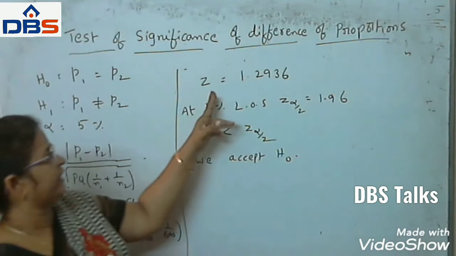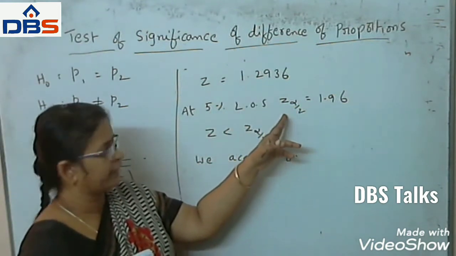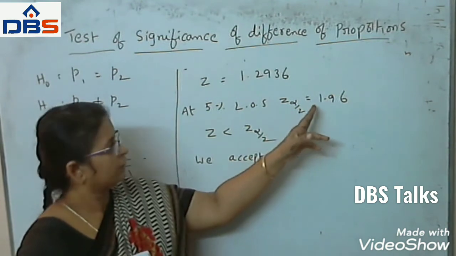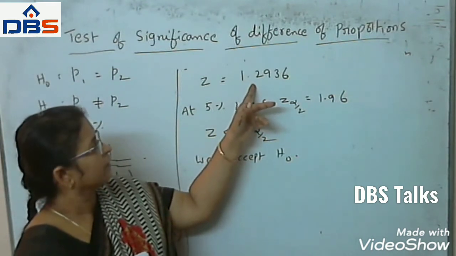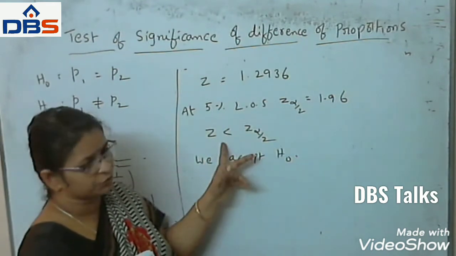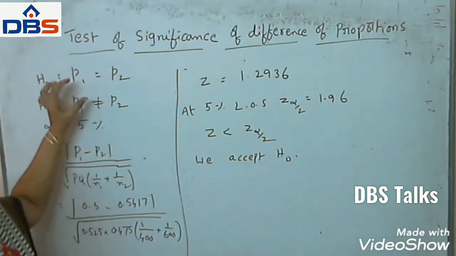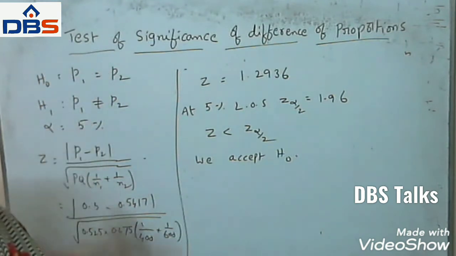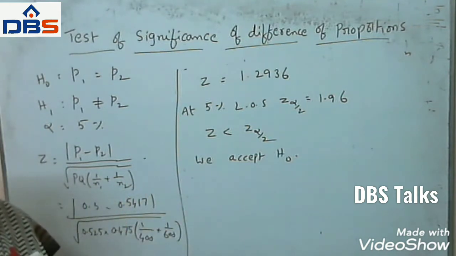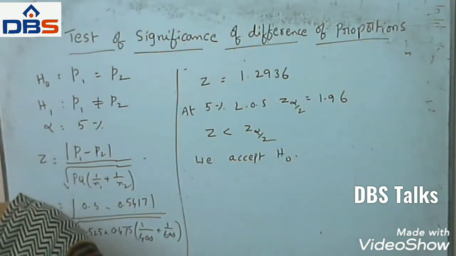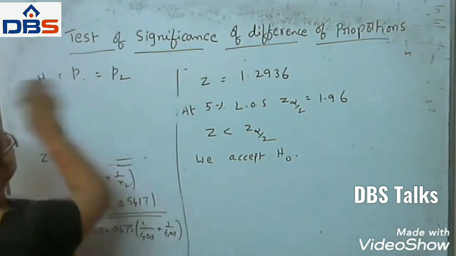From that, the value of Z is 1.29, and from the table Z alpha by 2 equals 1.96. The calculated Z is less than Z alpha by 2, so we accept H0, that P1 equals P2, at 95% confidence. This is one model of test of significance for two proportions.